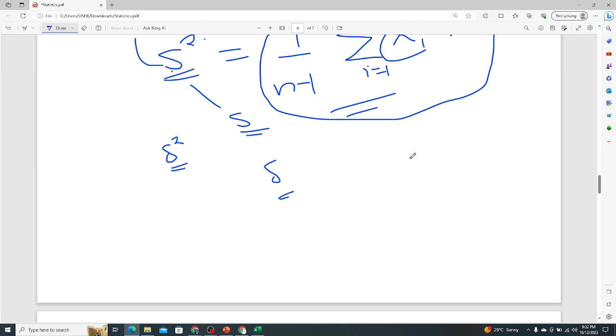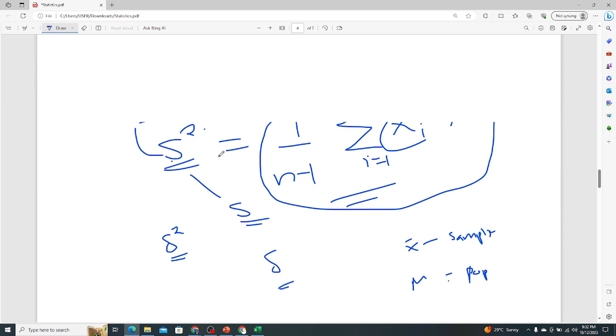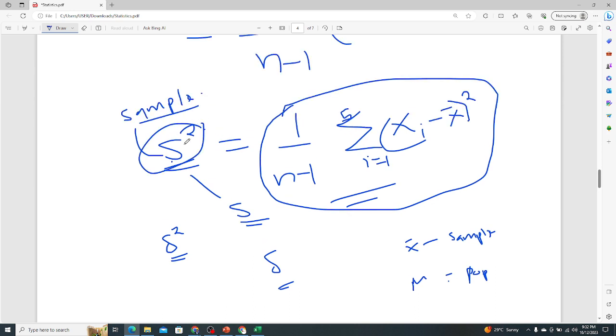Like the way we do for the mean, we know x bar is the sample mean, but mu is the population mean. So these are just symbols to denote sample mean, population mean, sample variance, population variance, sample standard deviation, and population standard deviation.